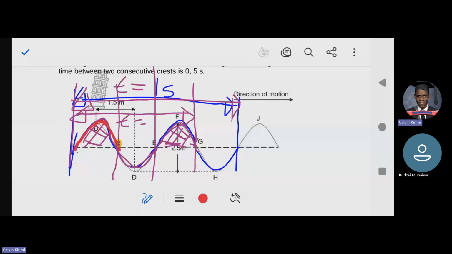How many seconds did I spend? 0.25. Then from there to reach here, 0.25 again. To where the red line is, how many seconds so far? 0.5. Then for me to complete 2 troughs, 2 crests up to there, how many seconds?